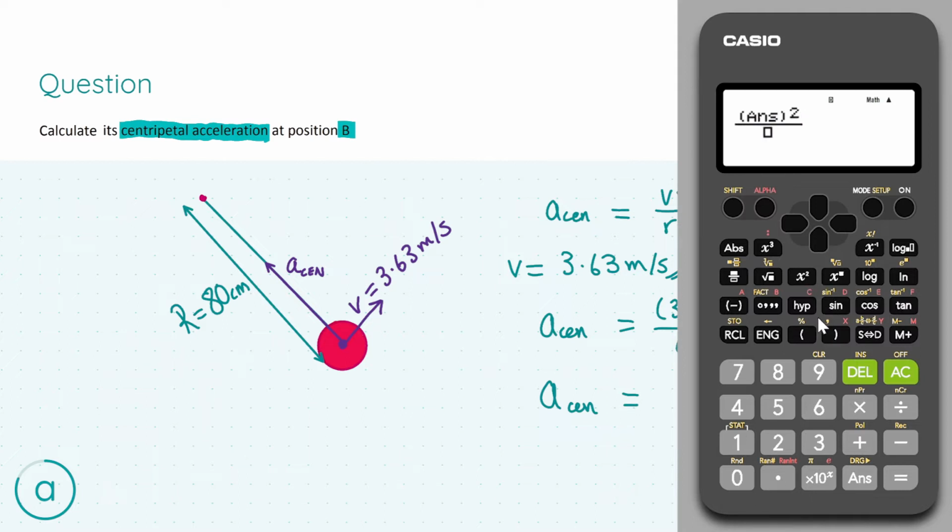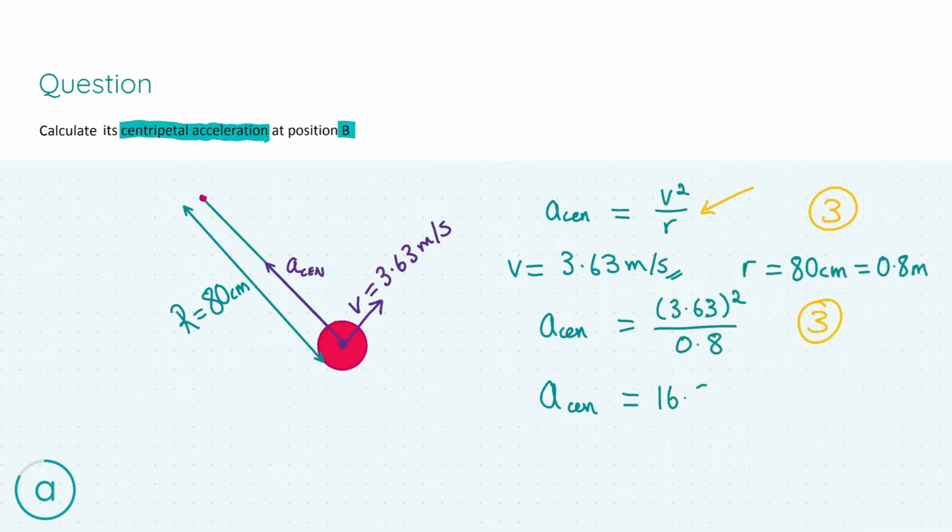Remembering that the radius is 0.8, hitting equals, and we have a centripetal acceleration of roughly 16.455. And I think rounding to 1 decimal place is enough, so I'm just going to do that. And the centripetal acceleration I'm going to put down as my answer is 16.5 meters per second squared. Please don't forget your units. You will lose marks. And that will give you a final 3 marks.